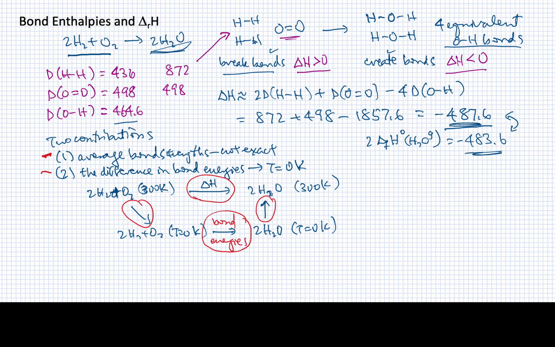Now I want to finish by doing what I hope you'll consider to be an interesting exercise, and that is, what if I were to take the information that we've got here and use it to estimate what might be an effective bond energy for the OH bond at 300 Kelvin. So what do I mean by that? Well, let's suppose that I've got my two H2s and my O2, and I'm going to break them apart and just form all atoms.